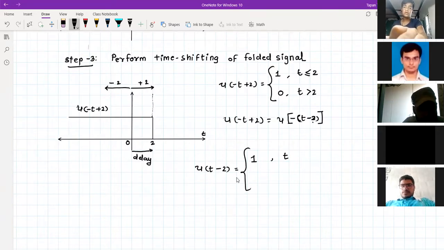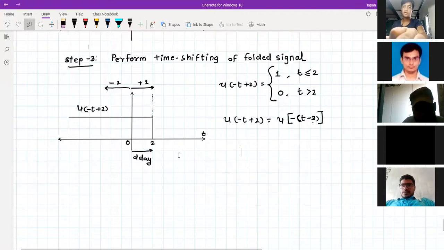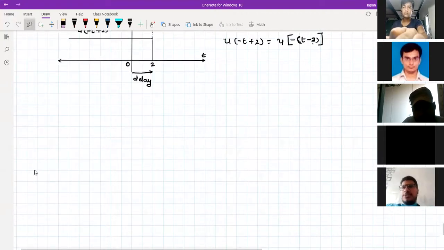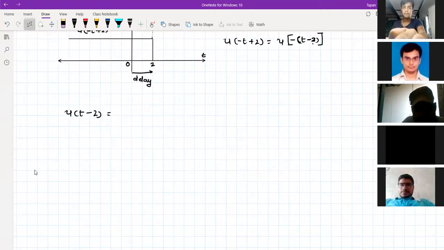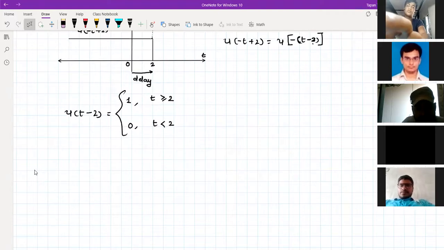Greater than 2. U of t minus 2 is equal to 1 for t greater than or equal to 2, and it is 0 for t less than 2.